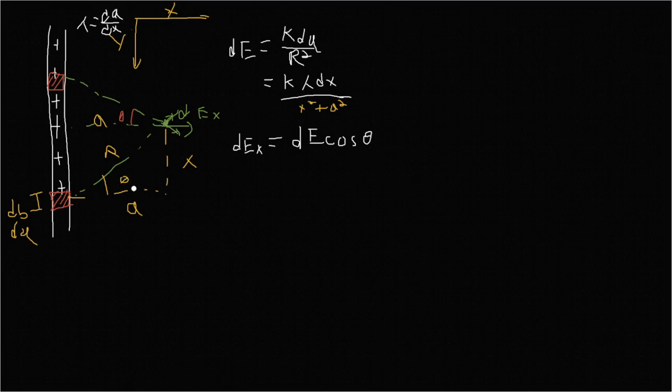Because cosine is adjacent over hypotenuse, this is a over r, we're just looking at this horizontal direction.